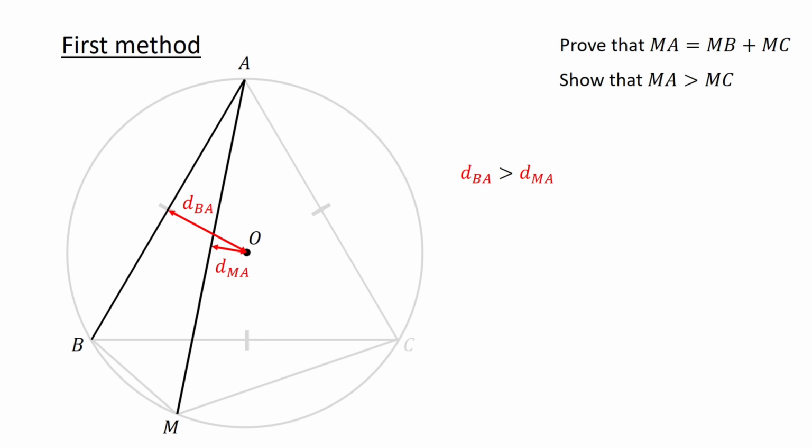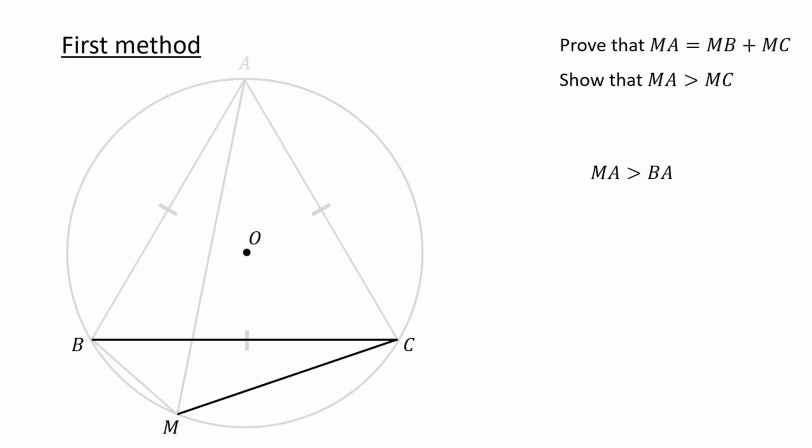Since the line segment MA is closer to the center of the circle than the line segment BA, therefore MA is greater than BA.